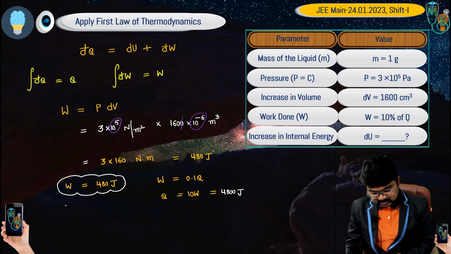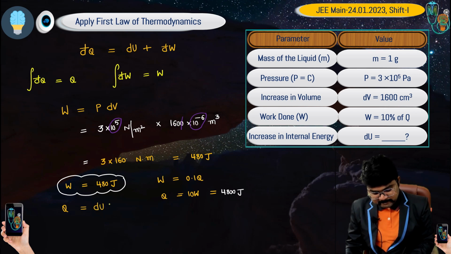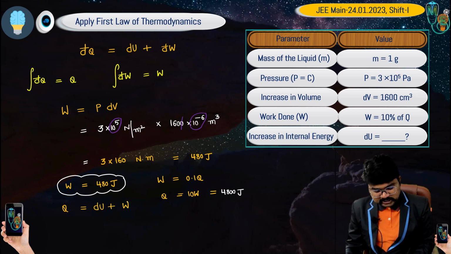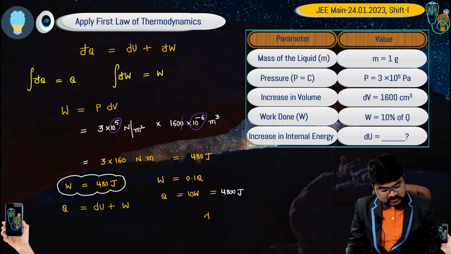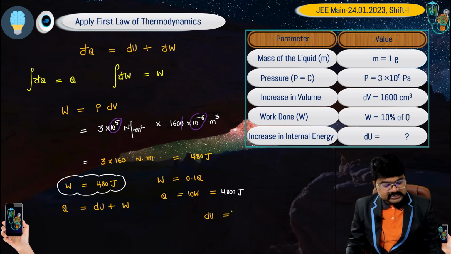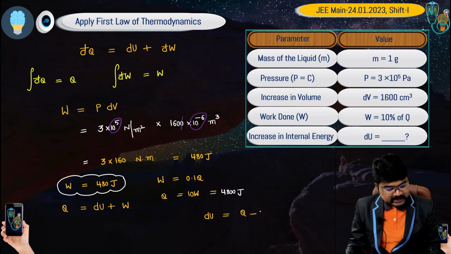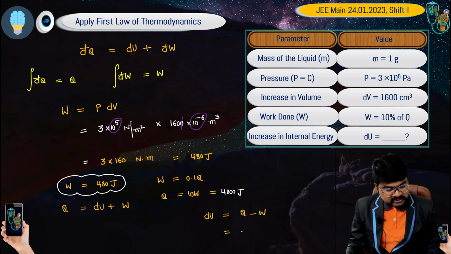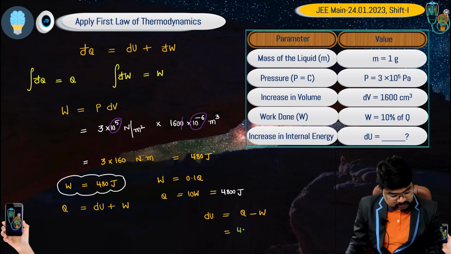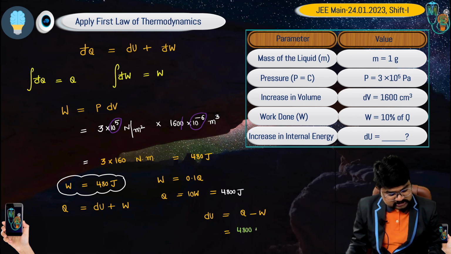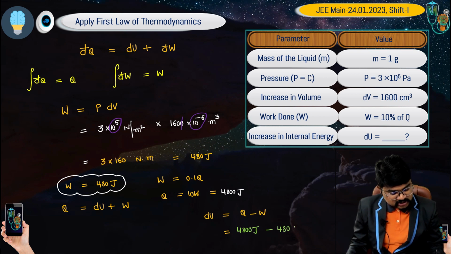Q equal to ΔU plus total work done. Finally, dU equals the change in internal energy, which is nothing but Q minus W. What is the Q here? 4,800 joules minus work done 480 joule.